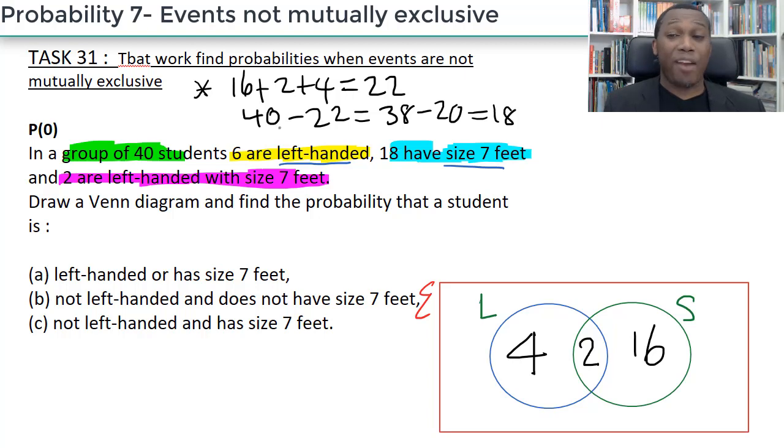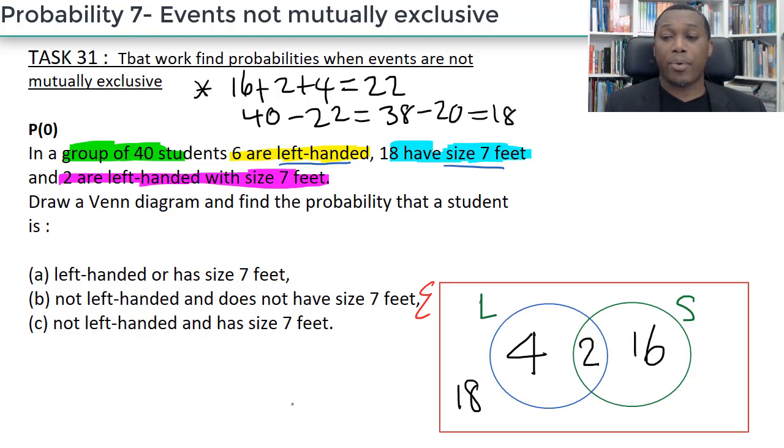No need for carrying over, no need to set it up as 40 take away 22 and carry over 1 and all that drama, the traditional things they show you all the time. You can use something we call shifting the difference. So if you decrease 22 by 2, then you can decrease 40 by 2, and it becomes a much easier question to work with. Lots of little strategies you can learn.